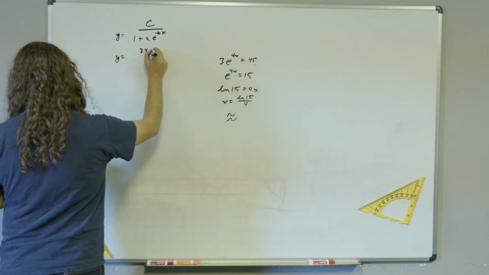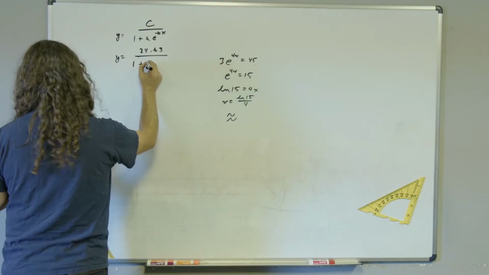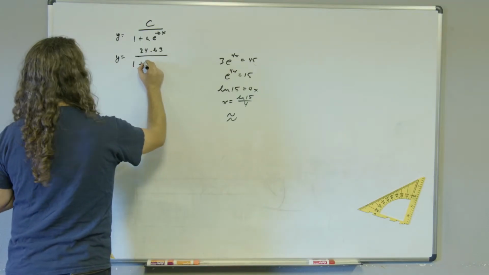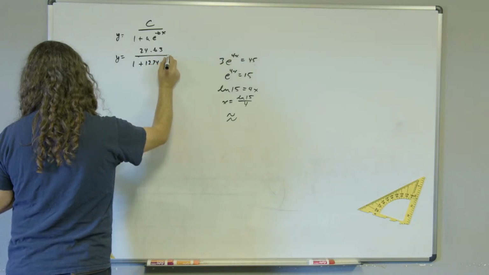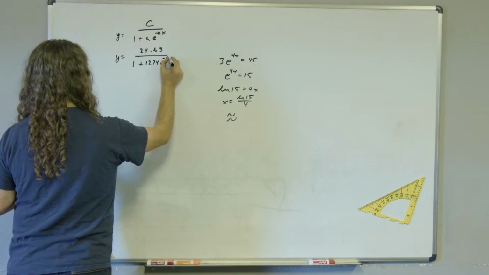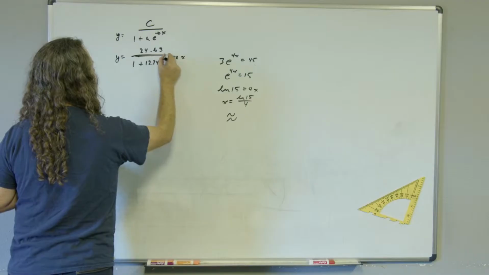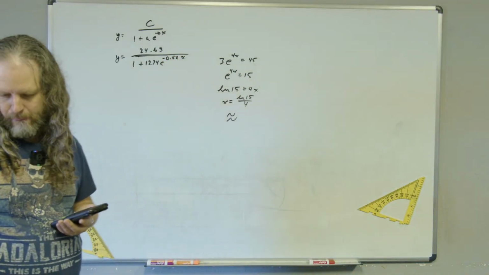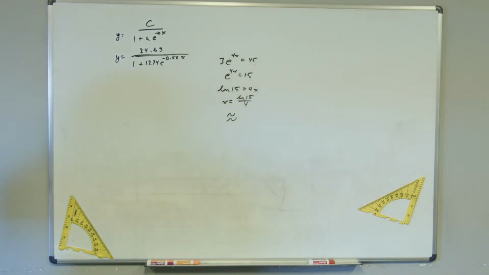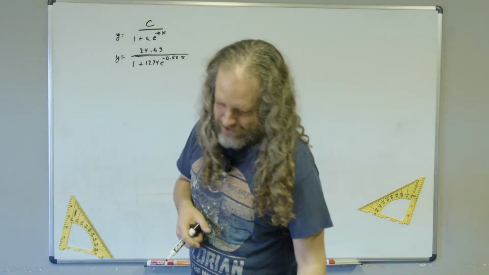So 24.63 over 1 plus 12.74 e to the negative 0.52x is what I got. That's what I got too, just now. That's what the book also got. So just make sure you read correctly and use the correct one, because logarithmic and logistic are two different things.